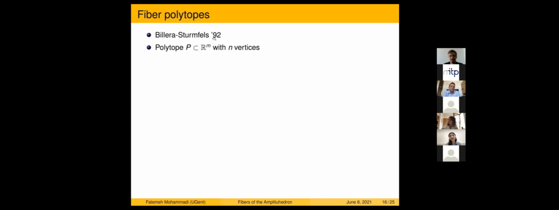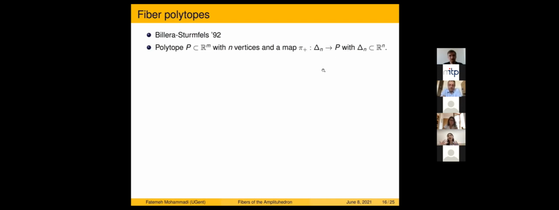Okay, so here, let's say I have a polytope in m-dimensional space, in Rm, and it has n vertices. Then you can look at the simplex with n vertices in Rn, and this comes with a natural map, which let's denote by pi plus, which takes the vertices of your simplex to the vertices of your polytope.